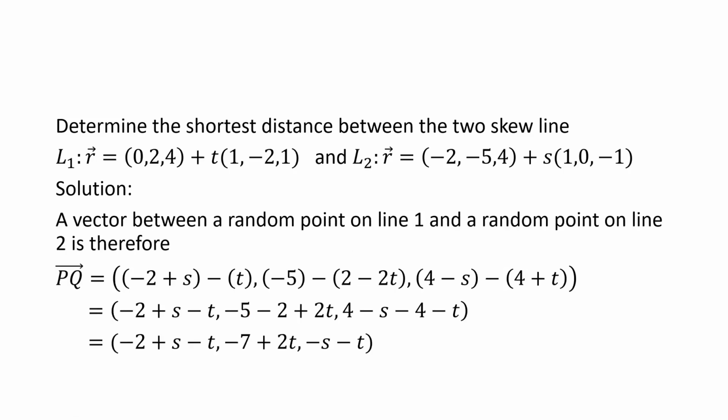Now, a vector between a random point on line 1 and a random point on line 2 would therefore be given by PQ, which would be the parametric expression for x for point Q minus the parametric expression for x for point P, comma, the parametric expression for y in point Q minus the parametric expression for y in point P, comma, the parametric expression for z in point Q minus the parametric expression for z in point P. When you do a little bit of distributing here, we have to distribute that minus sign, and this minus sign, and obviously that minus sign as well.